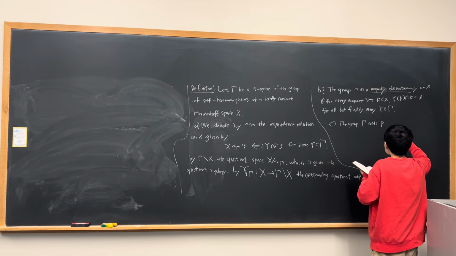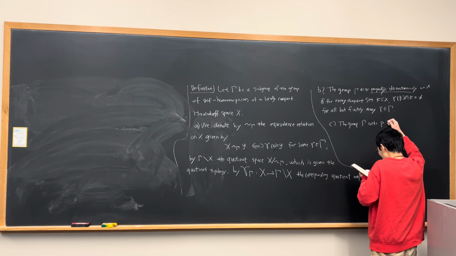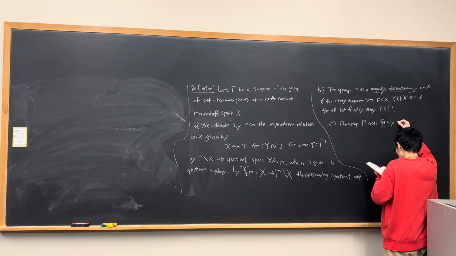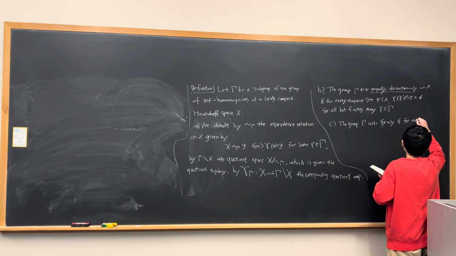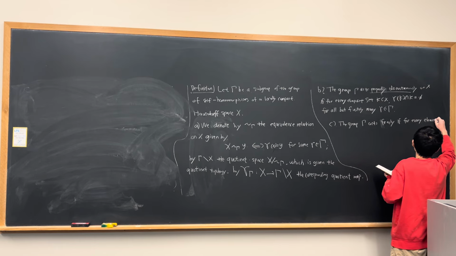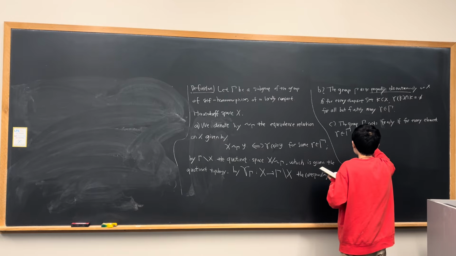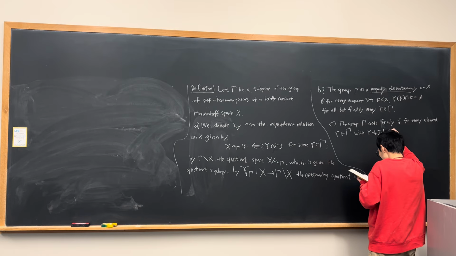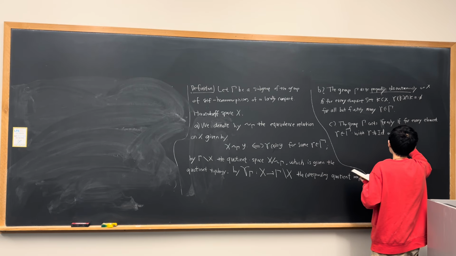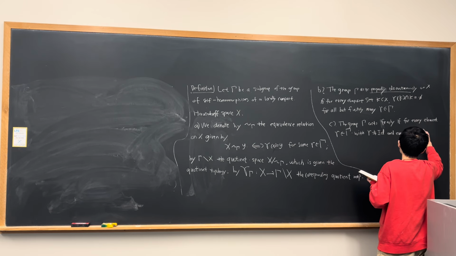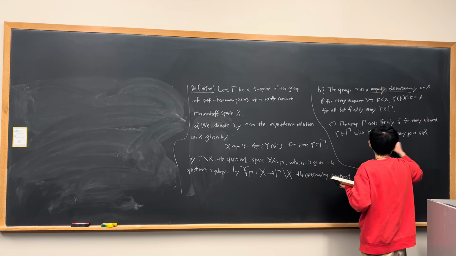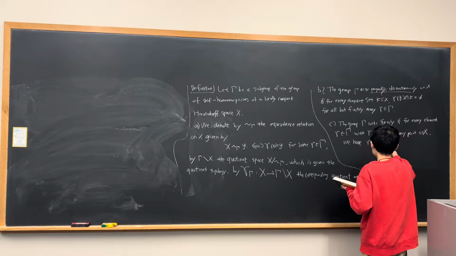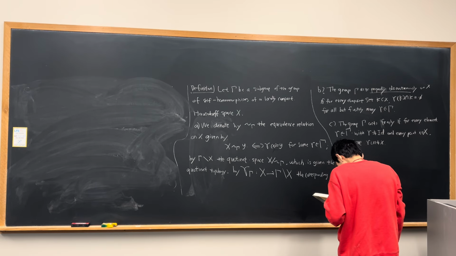The group gamma acts freely if for every element gamma in big gamma with gamma not equal to identity, and every point x in X, we have that gamma of x is not equal to x.